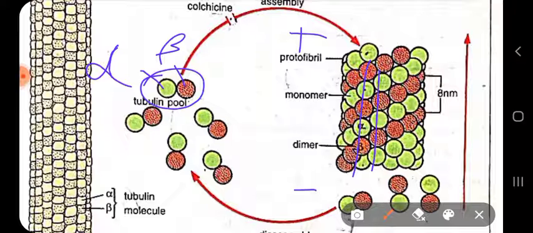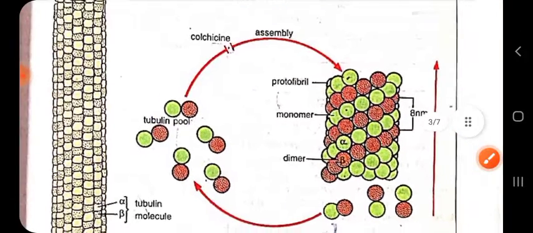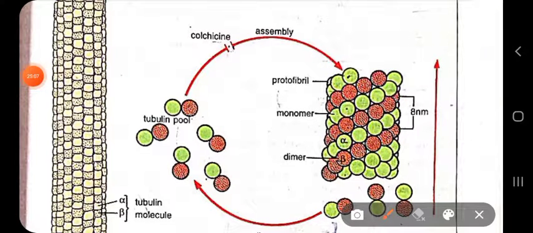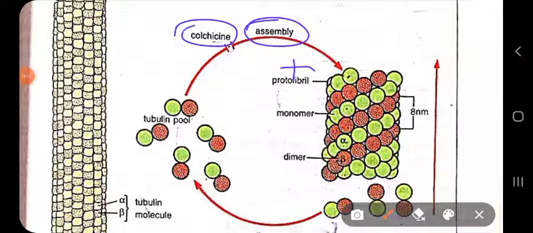So microtubules, with the help of the tubulin dimers, are formed from the fast growing or plus growing end, as we see in the figure. Here we can see on the plus growing end assembly is occurring, and on the minus growing end disassembly takes place.